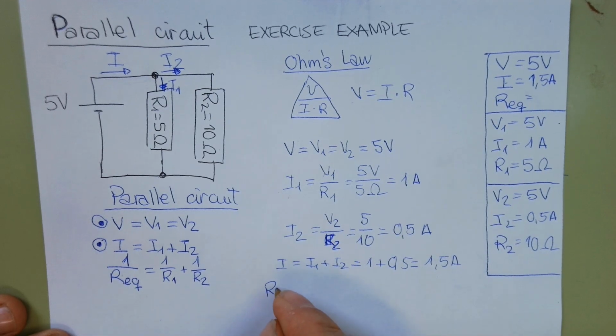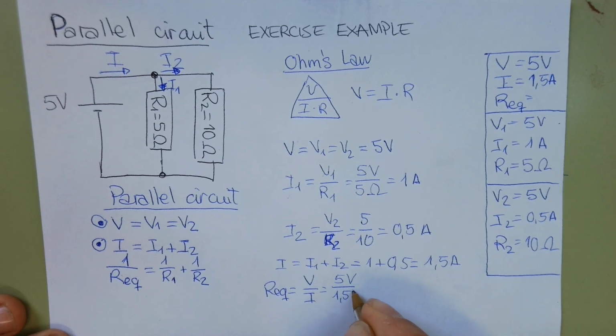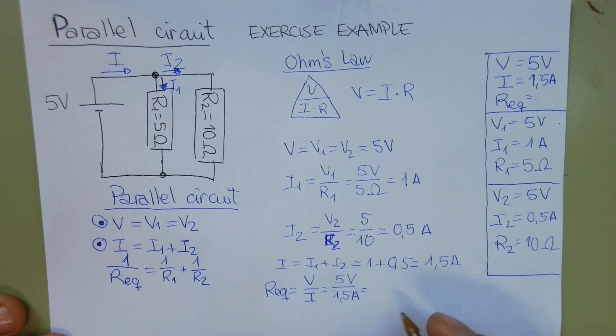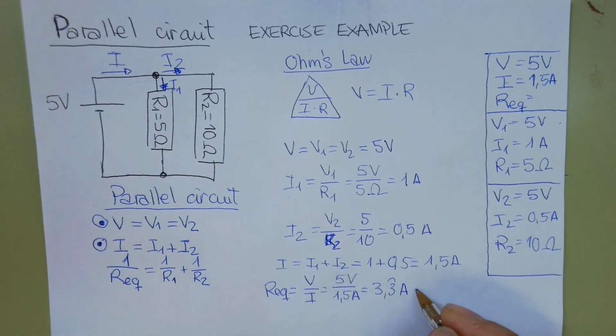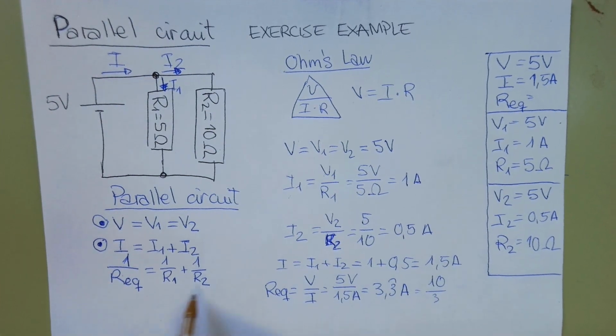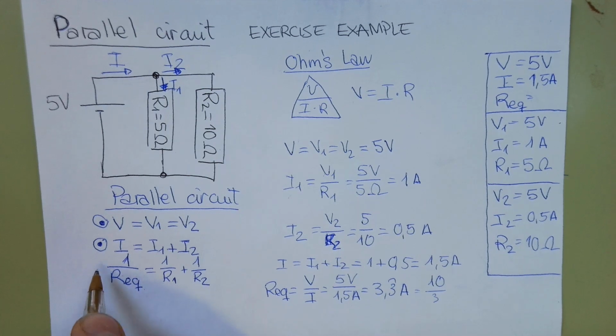The equivalent resistance of the circuit is the division between the voltage and the current, which is 5 volts divided by 1.5 amps, which is 3.3 ohms. It's the same as 10 divided by 3. Okay? If I use this equation, I'm going to check if I have done it well.